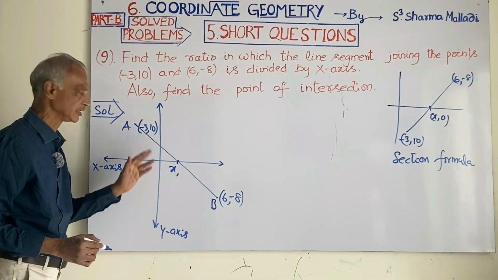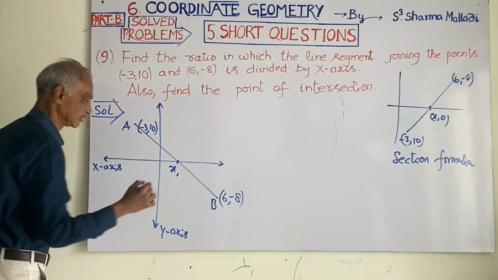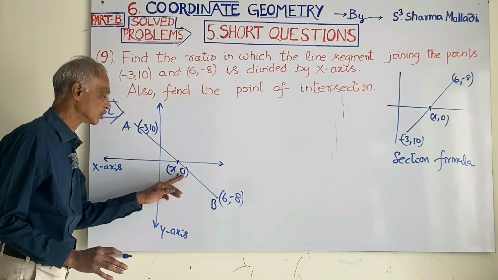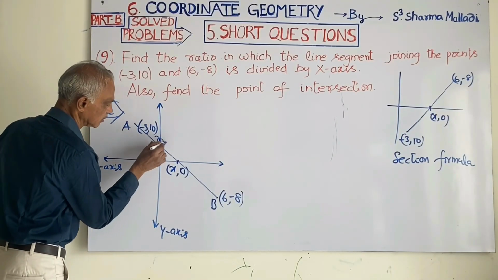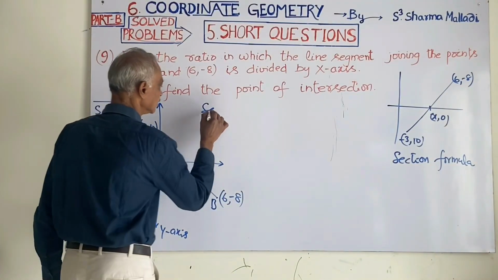We have to find the ratio in which this x-axis divides this line segment. You take the point as (x, 0). Let the x coordinate be x, the y coordinate will be 0. Now we have to find the ratio. You take m is to n. You write the section formula.